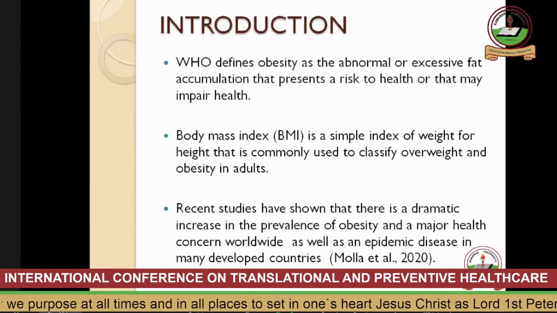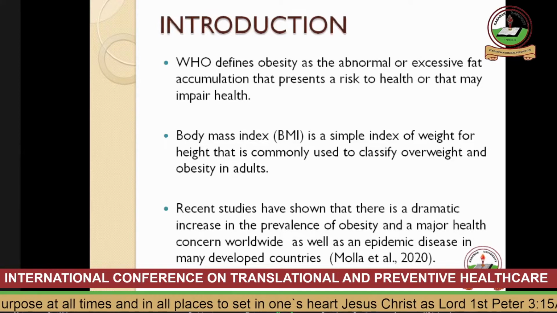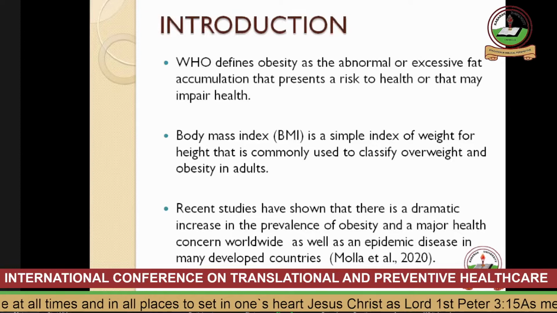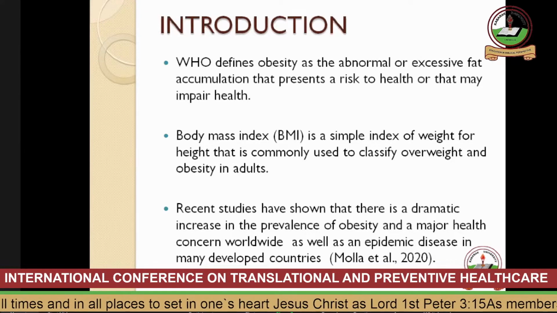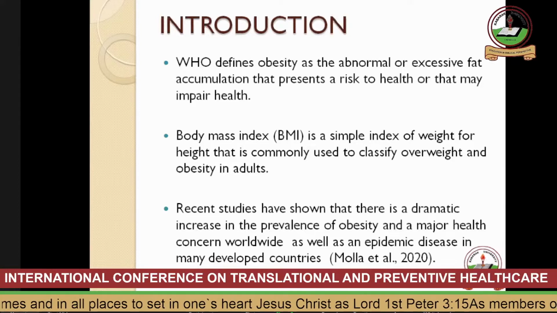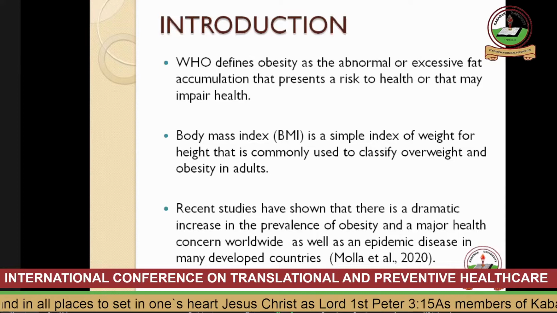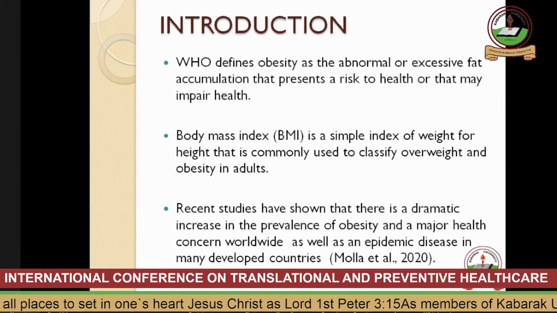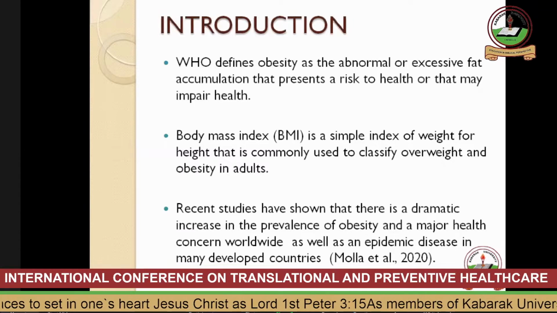Body mass index is defined as a person's weight in kilograms divided by the square of his or her height. The WHO defines overweight as a BMI equal to or greater than 25, and obesity as a body mass index greater than or equal to 30.